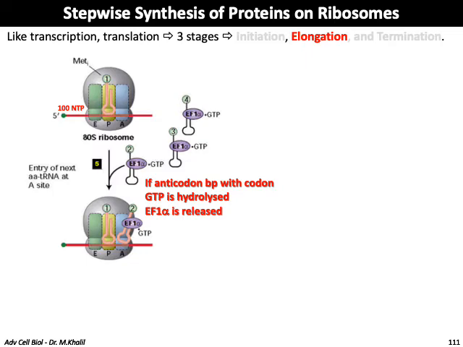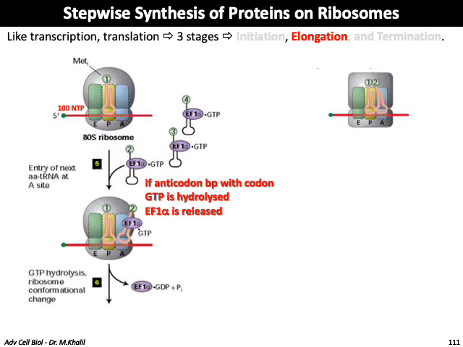So you can see now the amino acid 2 recruited by the transfer RNA is located on the A site. Here, the release of EF1 alpha by the hydrolysis leads to a conformational change which enables the transfer RNA to be near the first transfer RNA loading amino acid number 1. So you can see that the peptide bond is formed between the two amino acids 1 and 2.